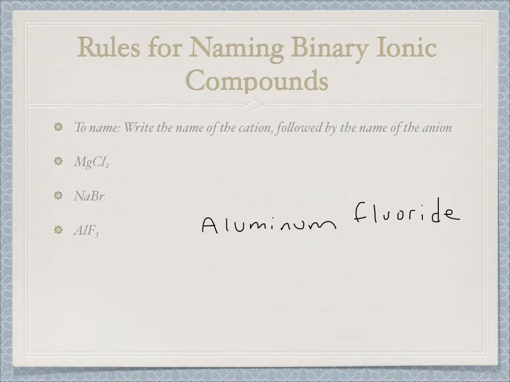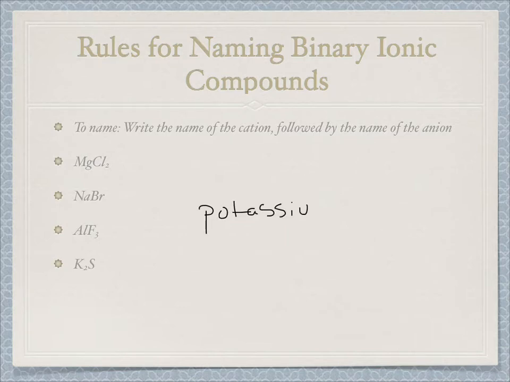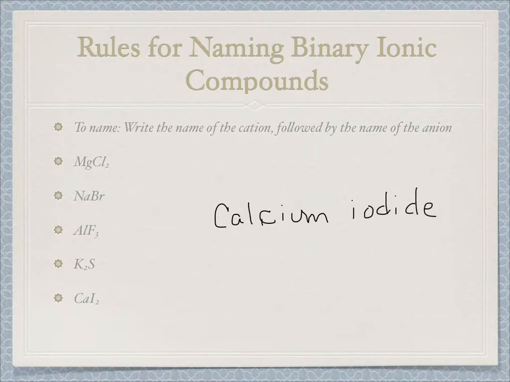Aluminum fluoride. K2S, okay, well, that's potassium. Sulfur changed to an anion would be sulfide. CaI2 would be calcium, and then this one is iodide. Instead of iodine, iodide.